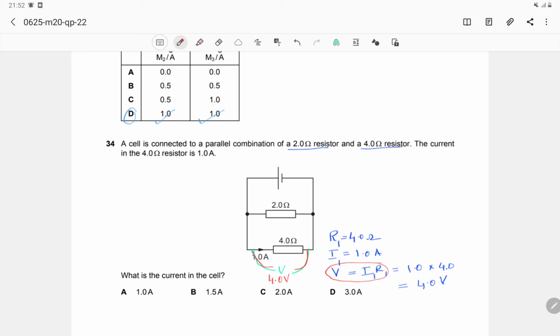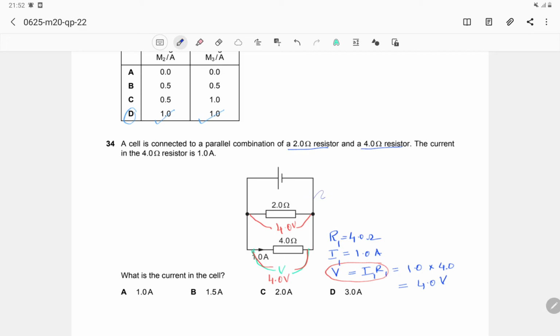Now look at the circuit. In this circuit, both the resistors are connected in parallel. That means if the voltage across the 4 ohm resistor is 4 volt, then the voltage across the 2 ohm resistor will also be the same, 4 volt.